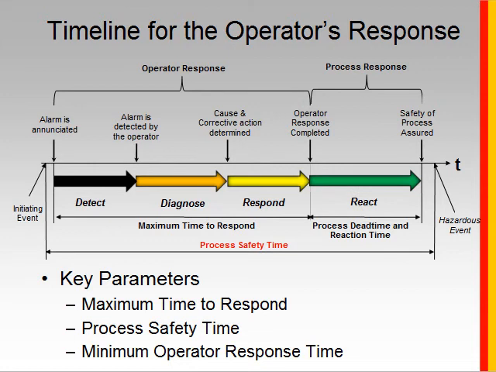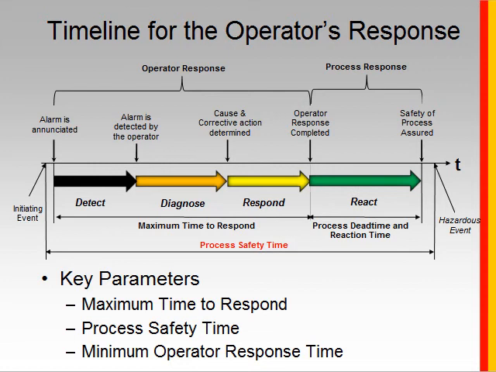First, let's talk about this maximum time to respond. That's the last moment in time that the operator's action will actually prevent the hazardous event from occurring. Process safety time, as we talked about, is the time between the initiating event and the hazardous event. Minimum operator response time is a different parameter.